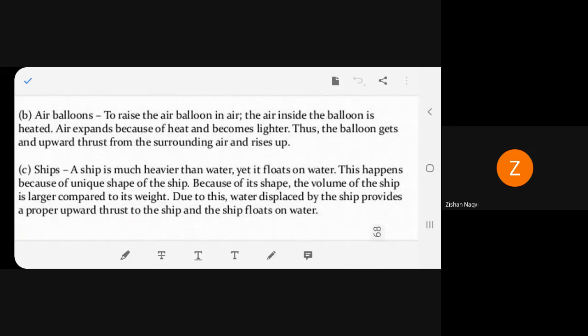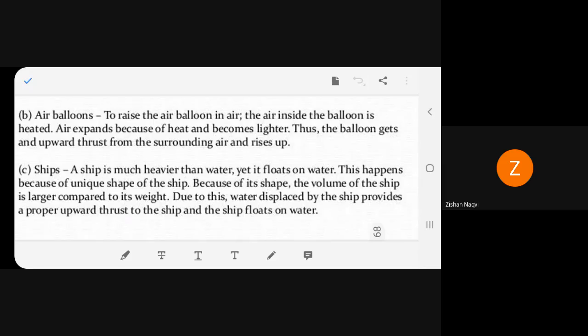You understood? Then only it can float. Otherwise, it will sink, isn't it? So the water displaced is giving buoyancy to the ship, and the ship remains floating on water. Hope all of you have understood this.